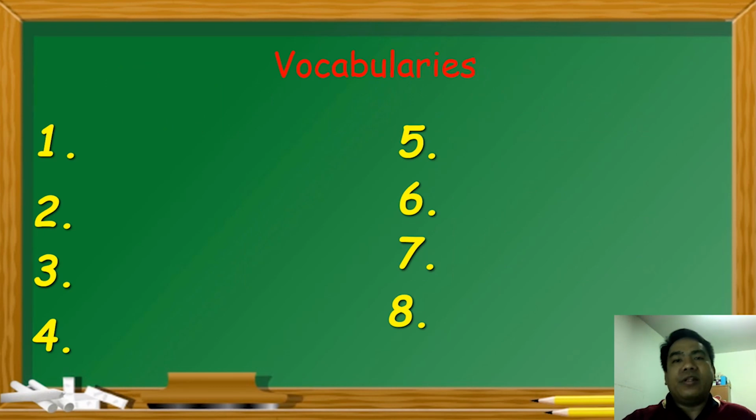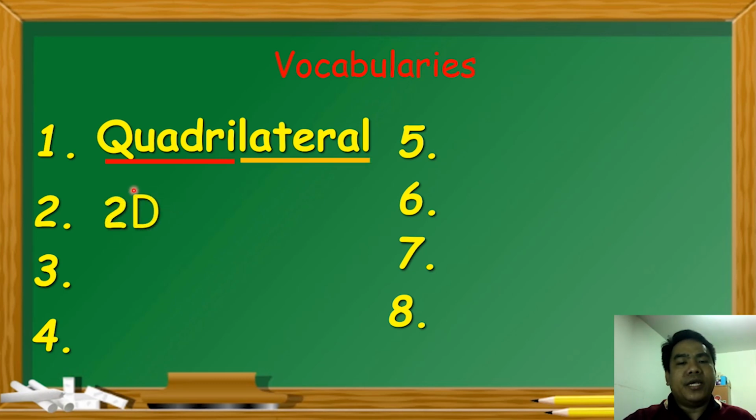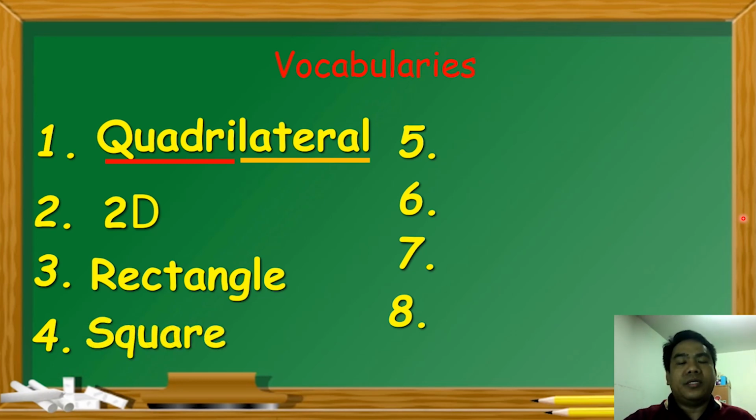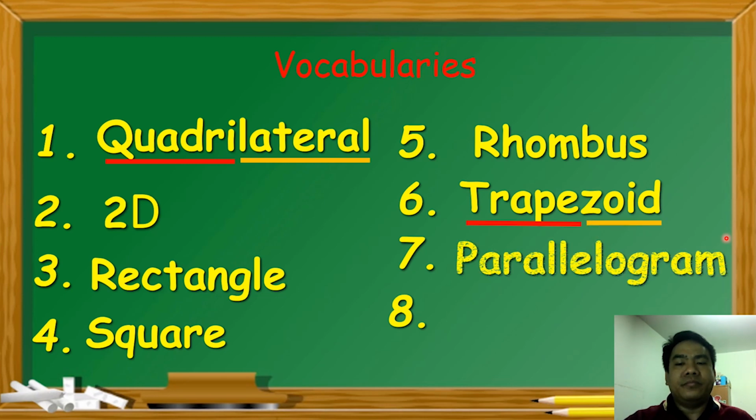So, let's remember the vocabularies that we had. We have quadrilateral, 2D, rectangle, square, rhombus, trapezoid, parallelogram, and kite.